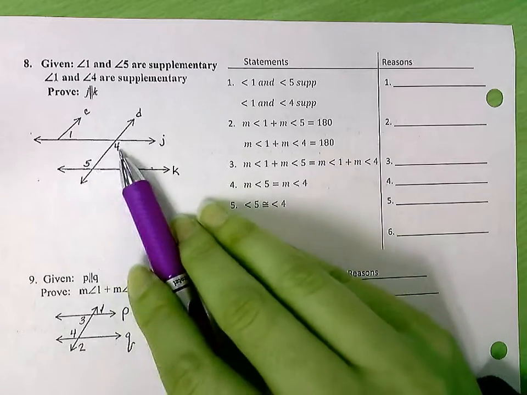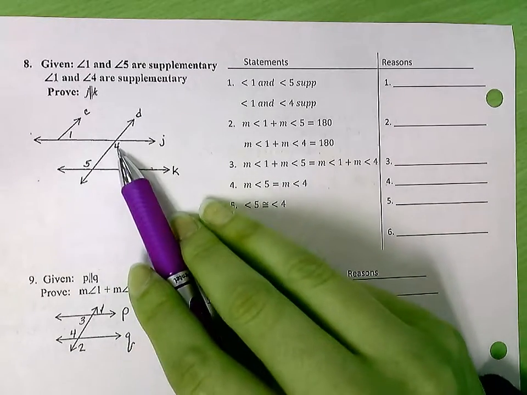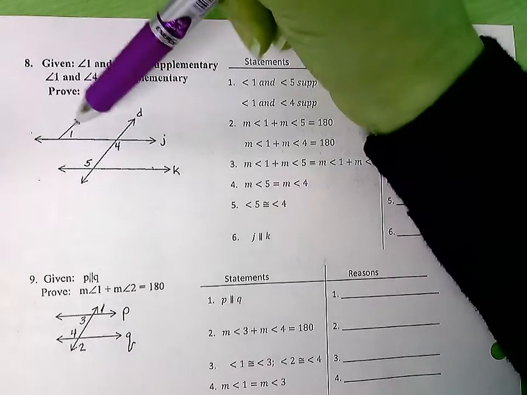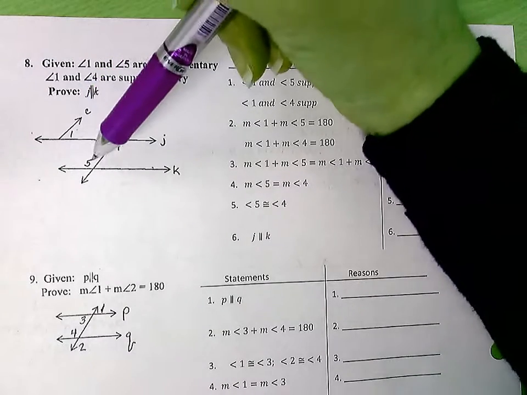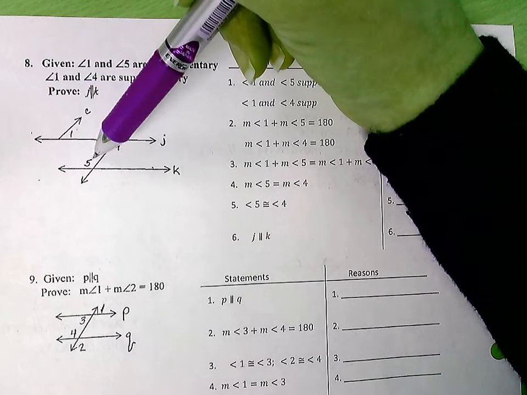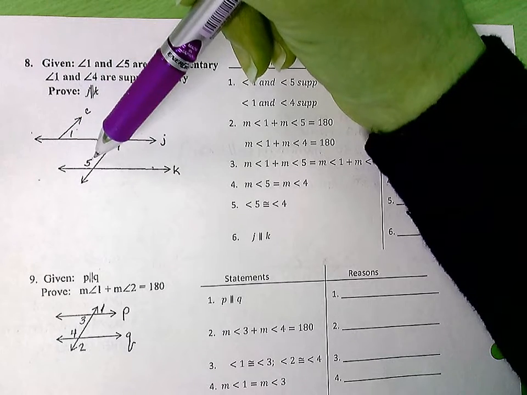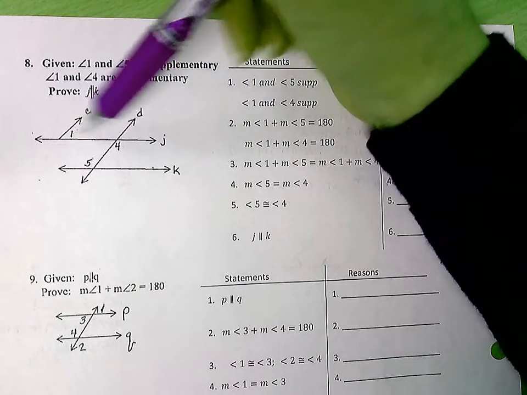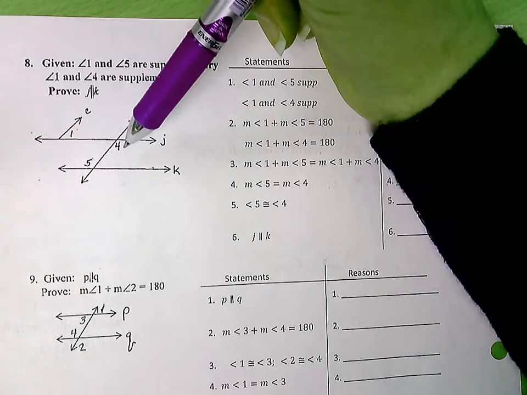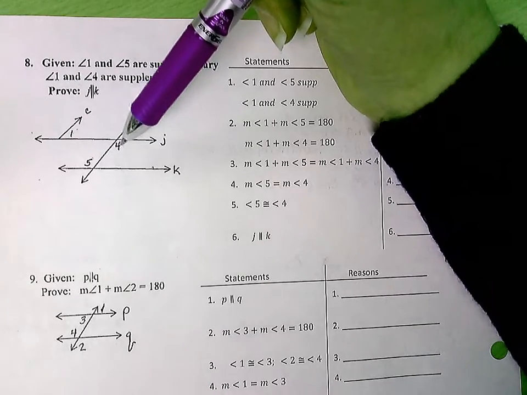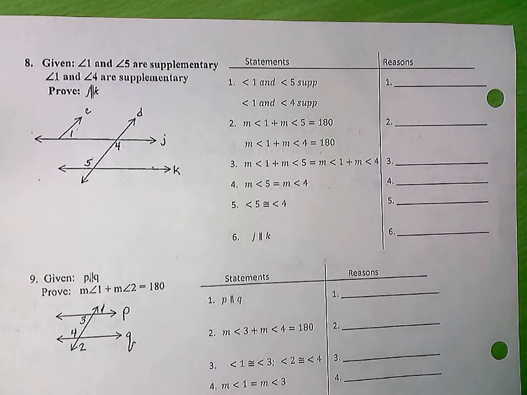So somehow I have to set up my proof so I get these two equal. Now if these two are supplementary, what can I do with their measures? Add them and set them equal to 180. What about these two? Same thing, right? This is what should be going through your head as you use your given.